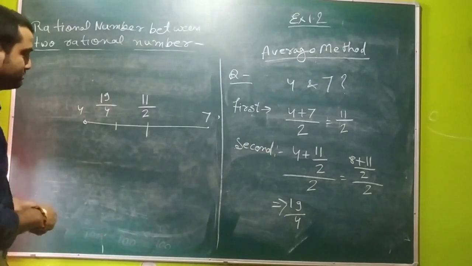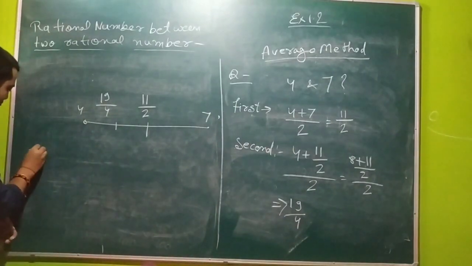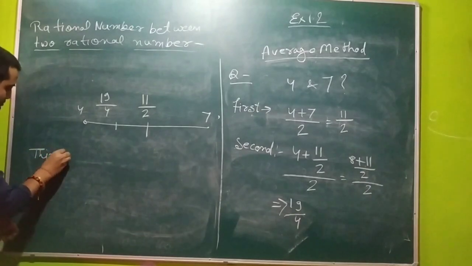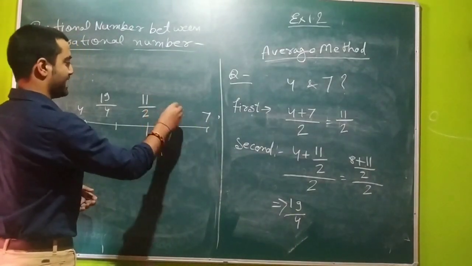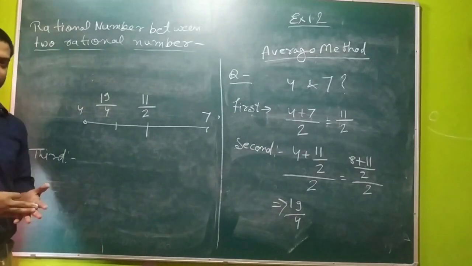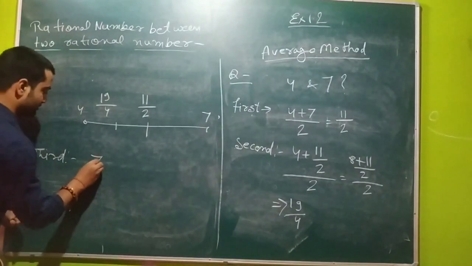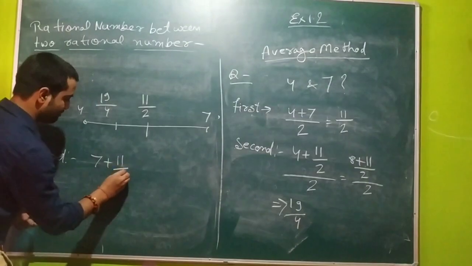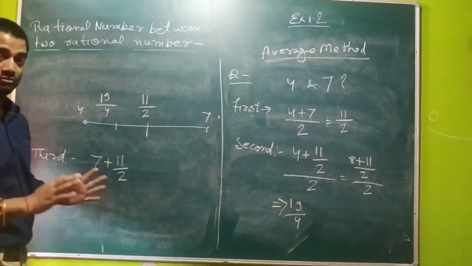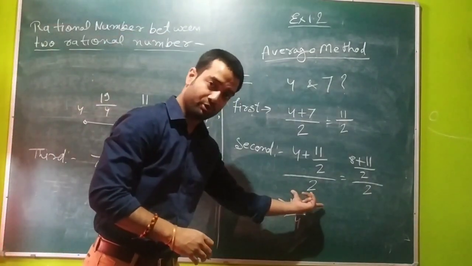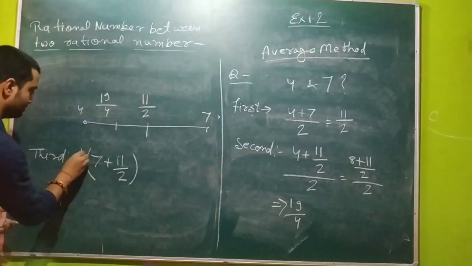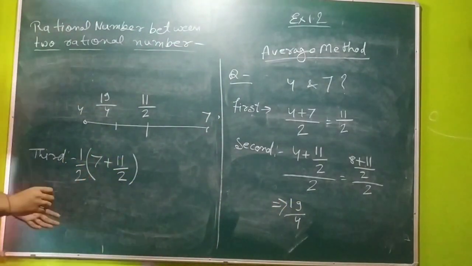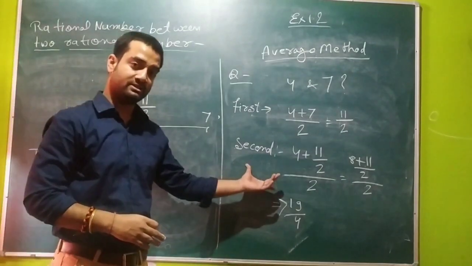Now if we want the third number, suppose we find it between 7 and 11 upon 2. So the third number will be 7 plus 11 upon 2, whole upon 2. If you want, you can write 1 upon 2 outside the bracket if you find that solving in this method is a bit difficult.